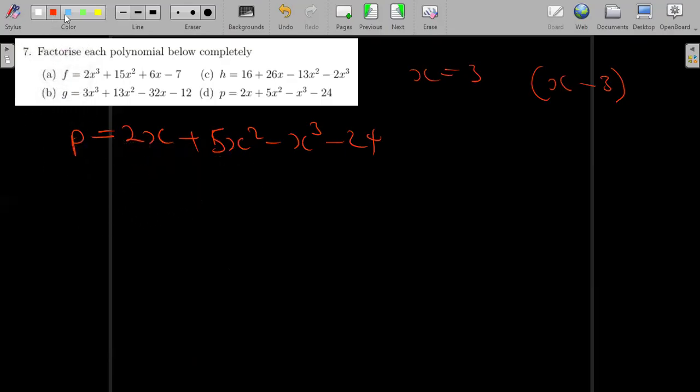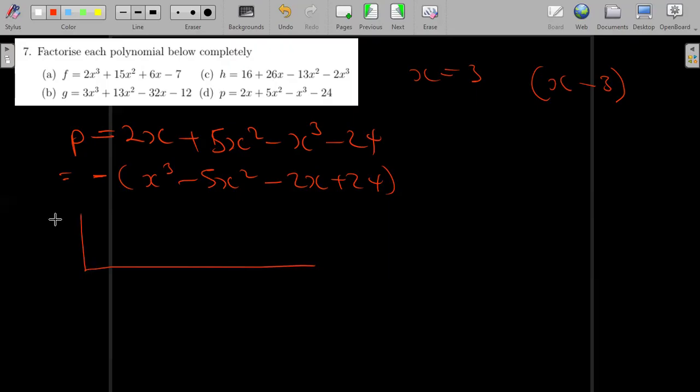So what am I going to get? Let me not forget that I factored out a negative, then I said x cubed, then negative 5x squared, then negative 2x, then plus 24. So I should not forget about this. For synthetic division, I have a 3 that I'm dividing by.